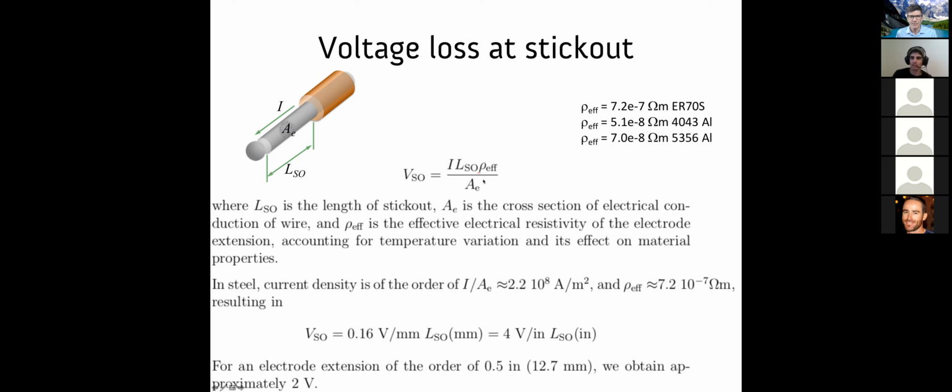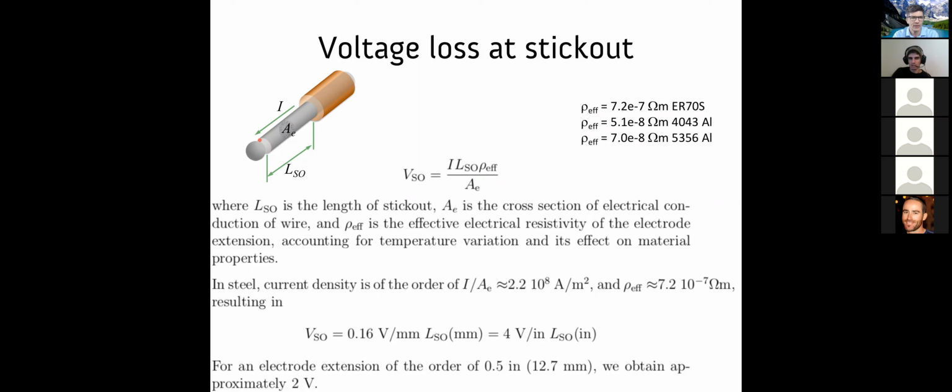Now, the resistivity, that is a material property, varies quite a bit with temperature. In the case of steel, it varies almost by a factor of 10. And guess what? Right here between the droplet and the electrode, what is the temperature where my cursor is, between the droplet and the stick out?